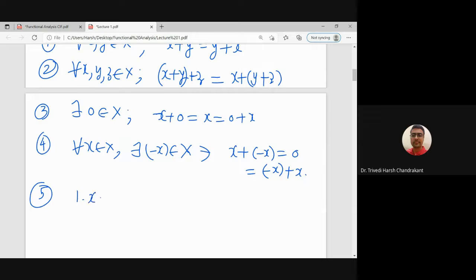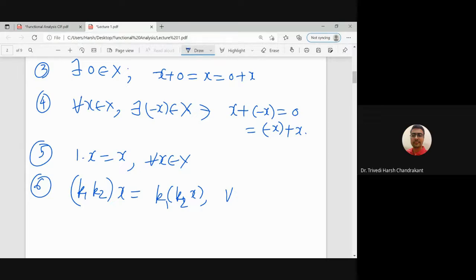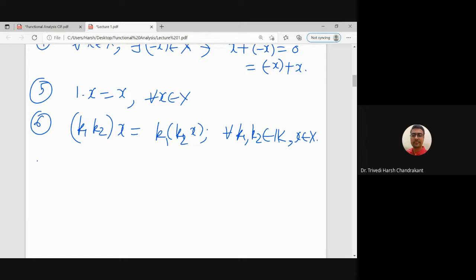Then the other properties are with respect to the scalar product. So 1 into x is x. Then we have associativity, for every scalar k1 and k2, and x in X. If you have doubts, you can ask in between.